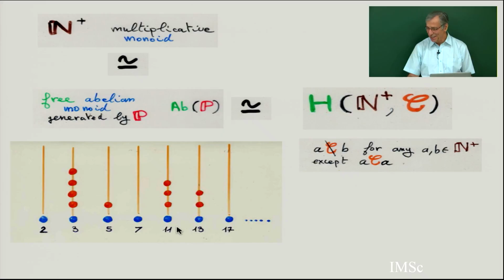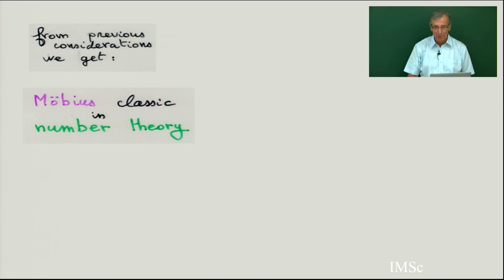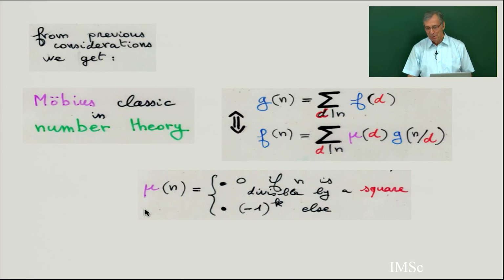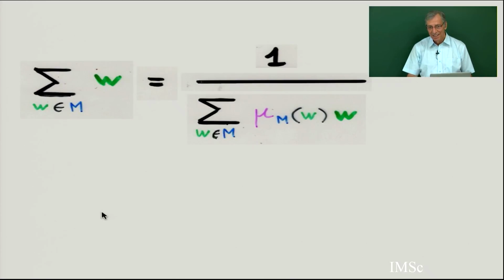And so you get the classic Möbius theory: the Möbius function of this abelian free monoid is nonzero only on trivial heaps, which means that if the number is divisible by a square, it's 0, and you need in each vertical line at most one ball. So you get back the classic Möbius function in number theory.